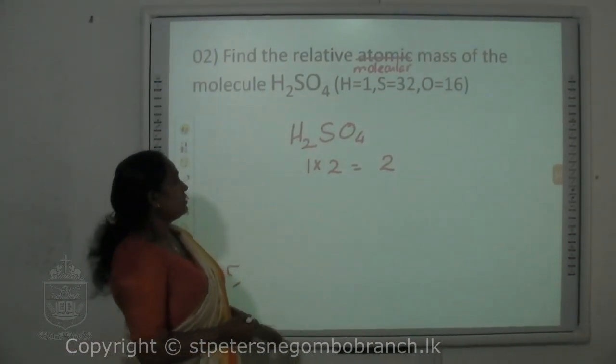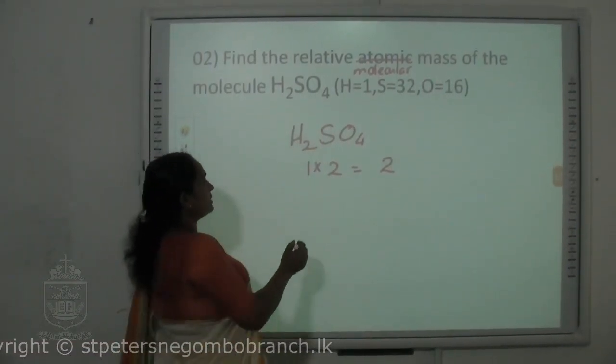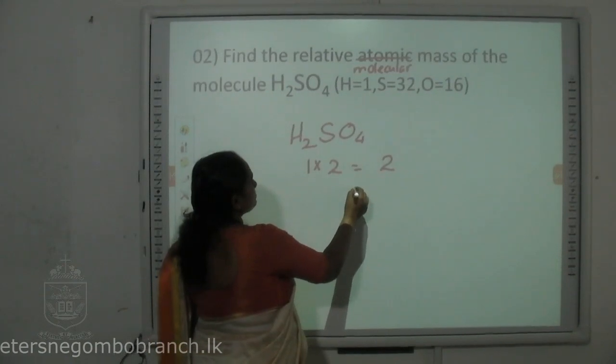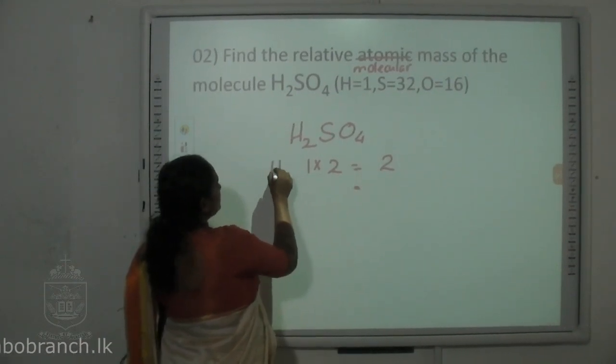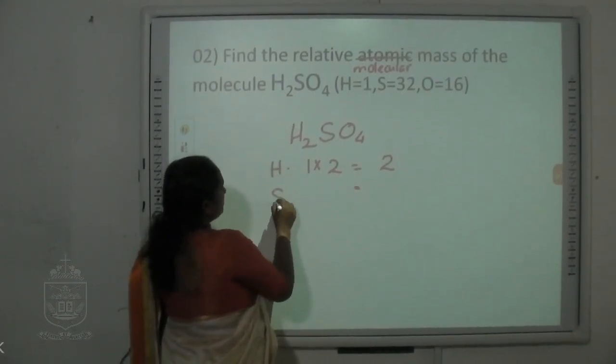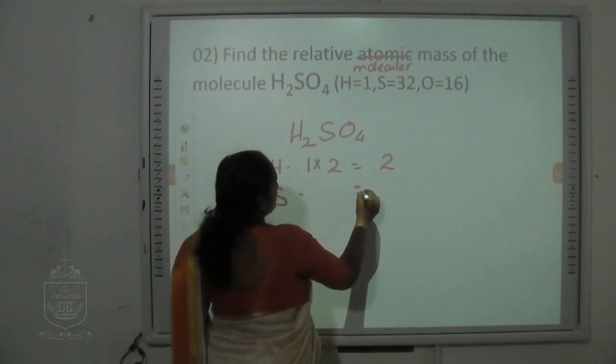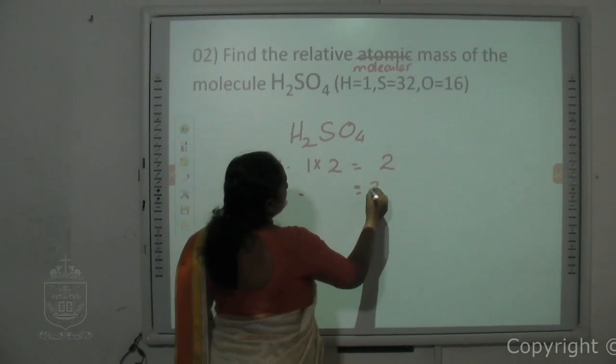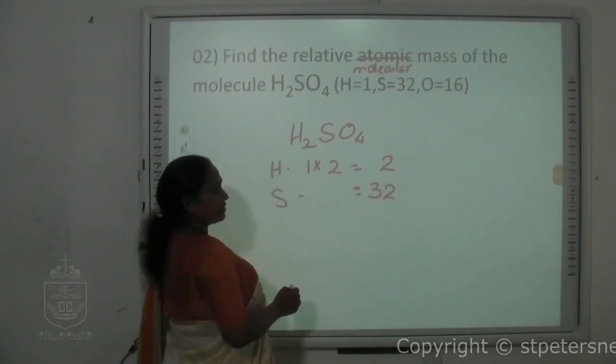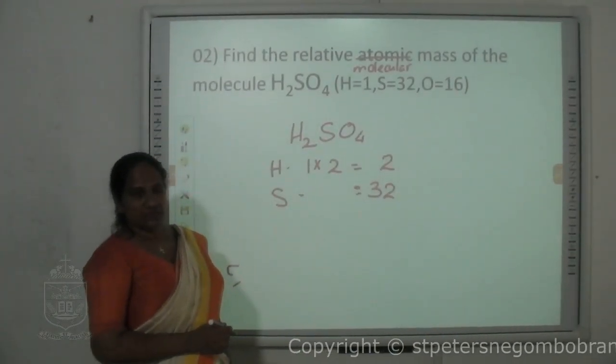Then sulfur, only one sulfur atom is here. So this is hydrogen, this is sulfur. Sulfur, relative atomic mass 32.